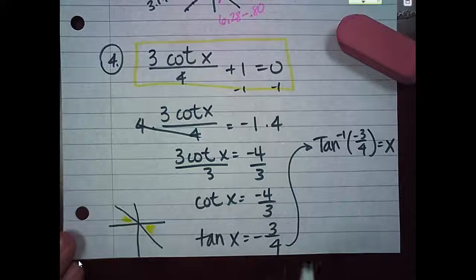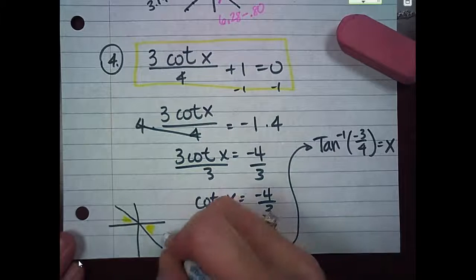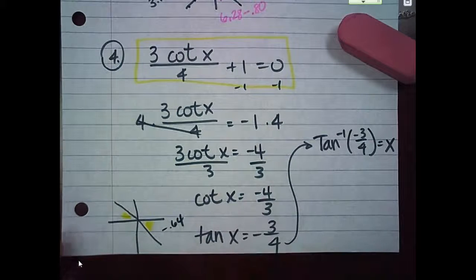When you typed it in your calculator, you got negative 0.64, right? So again, you've got to find 2. I'll give you a second to try to find them both.